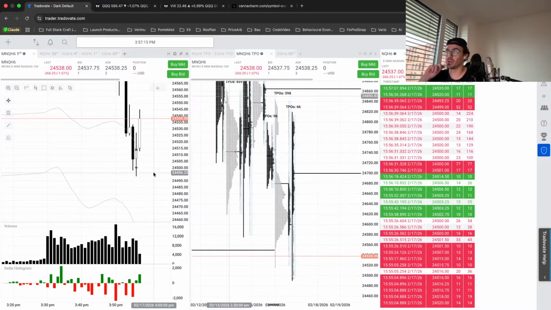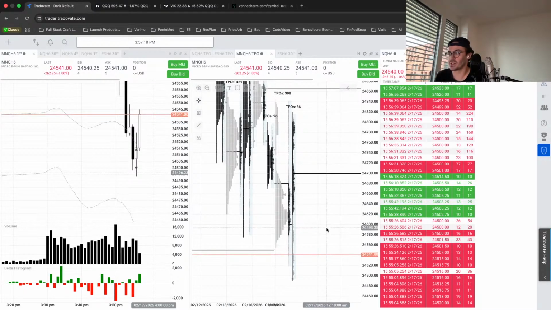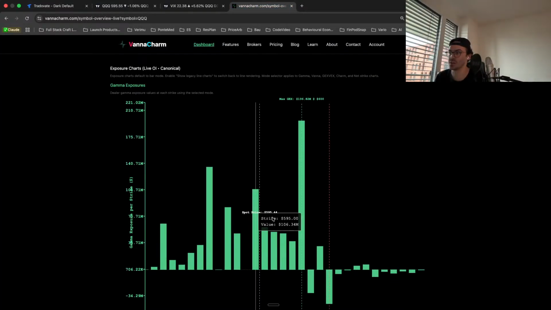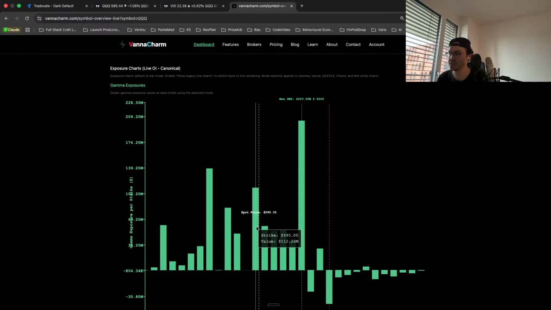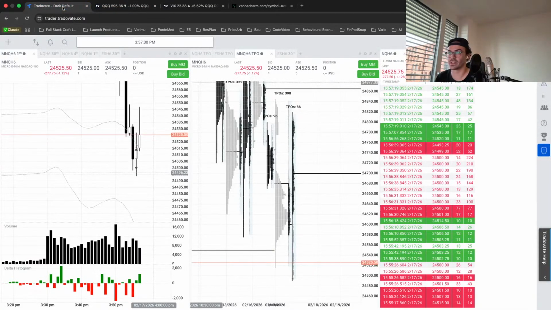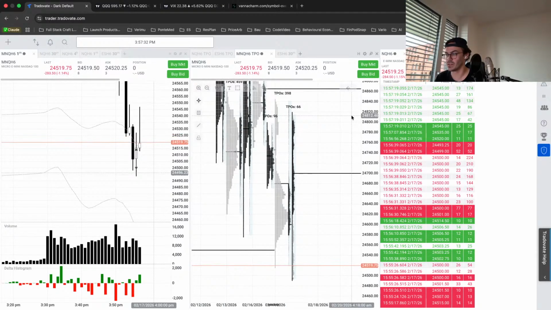If they'll bring it all the way back up to the open, I'm not sure. That's all positive gamma in there, so it could be supportive enough. But there's a lot of selling pressure here, and we're at like the swing lows on higher time frames.